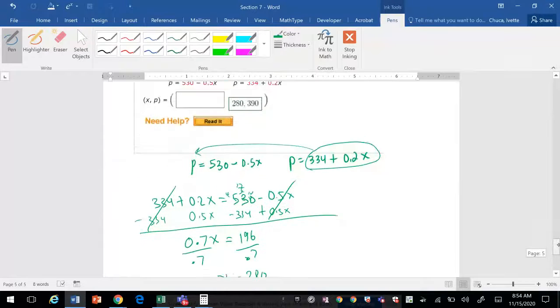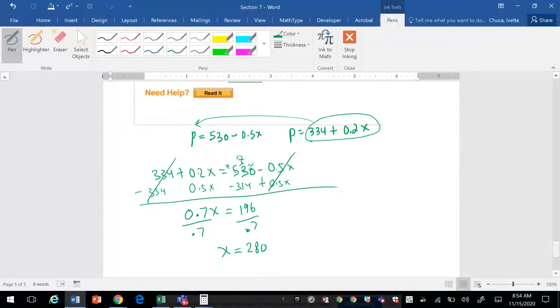Now that we know x, we can plug it into one of the equations. So I'm going to use this second equation here. Substitute 280 for x.